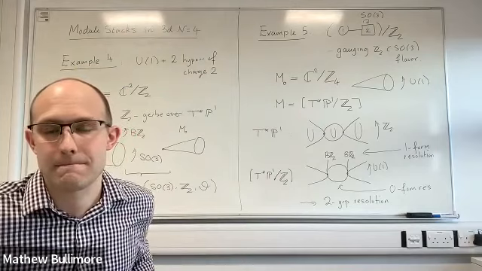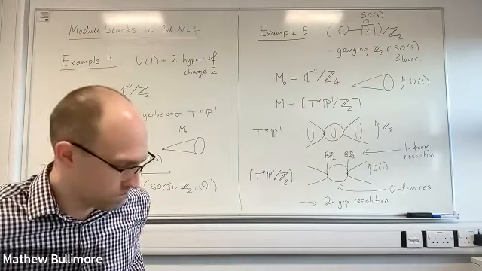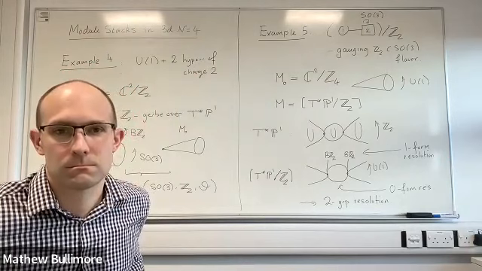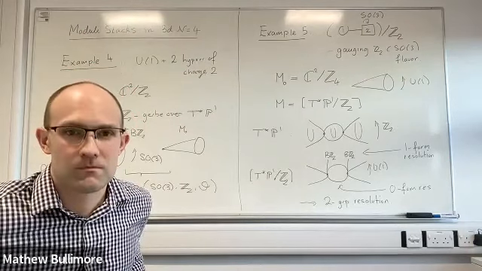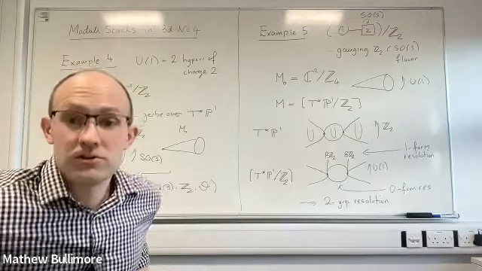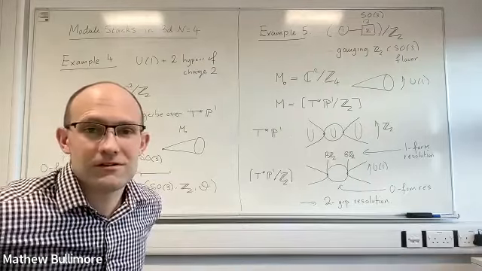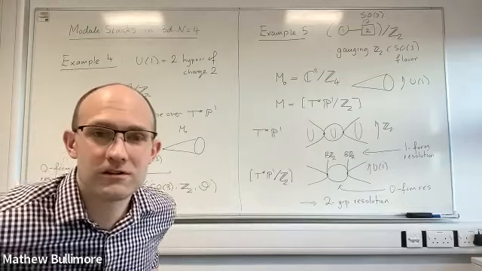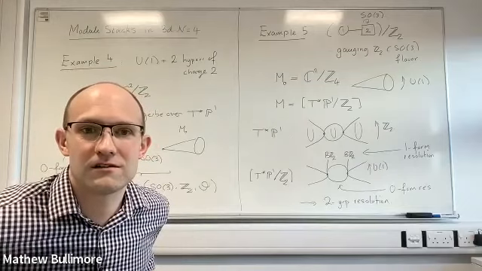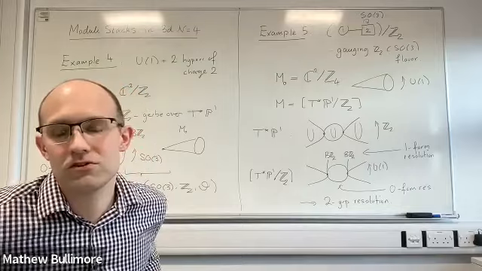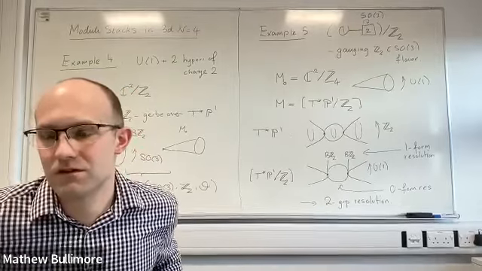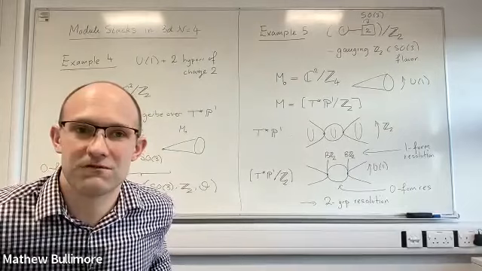So if we have masses and FI parameters, we can't turn them both on at the same time, but we have to basically pick. Well, if we don't want to break supersymmetry. You could turn them on, but typically you'll be left with just points.